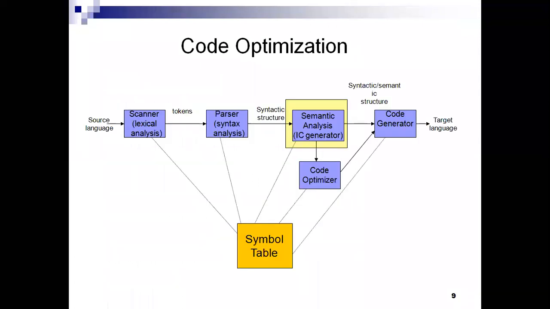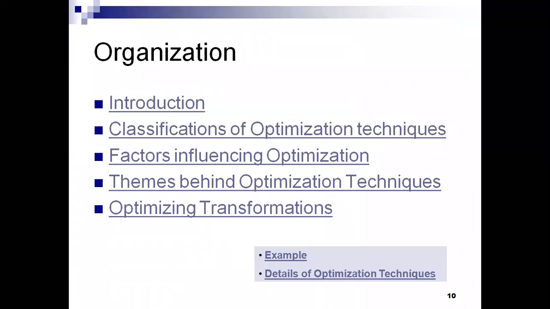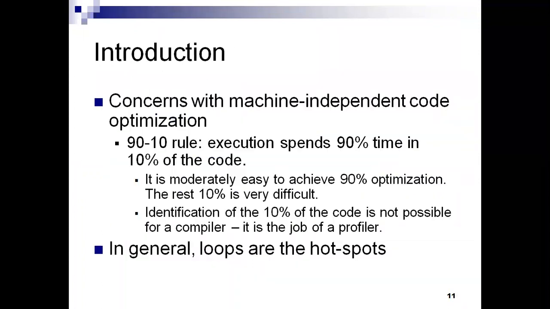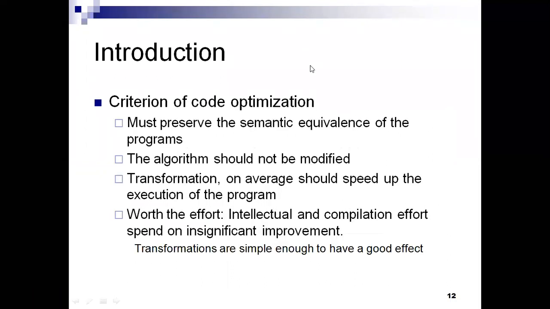This is the role of code optimization. Then I introduced what code optimization is, what it is always concerned with, and the rule we follow here, the 90 to 10 rule, right? And then the criterion of code optimization.